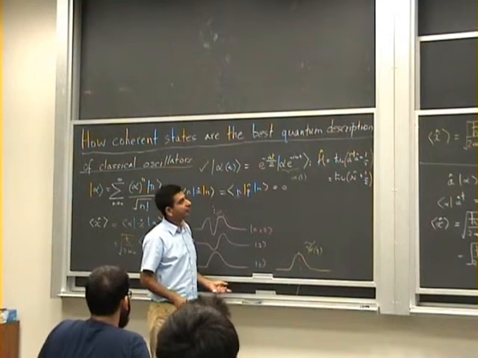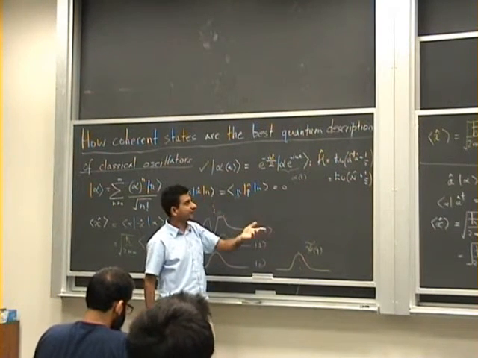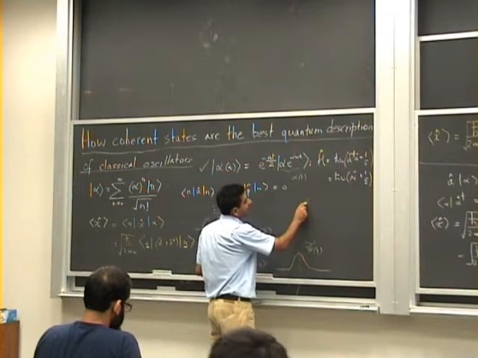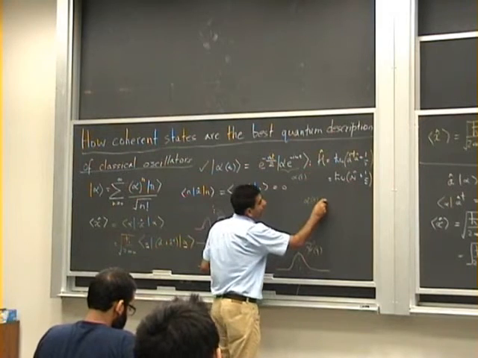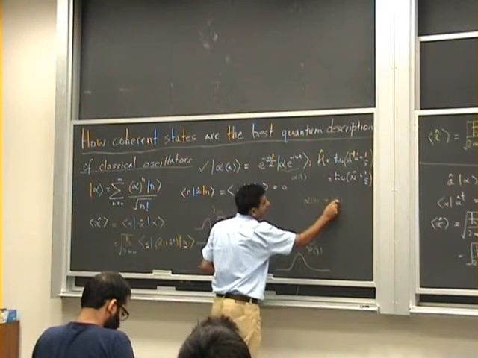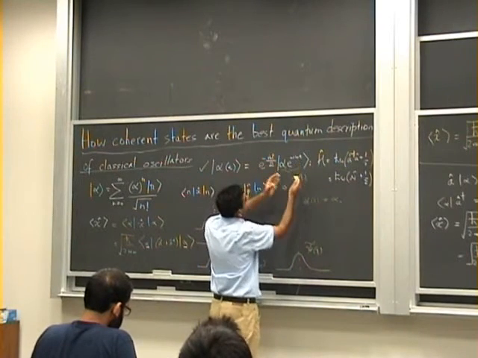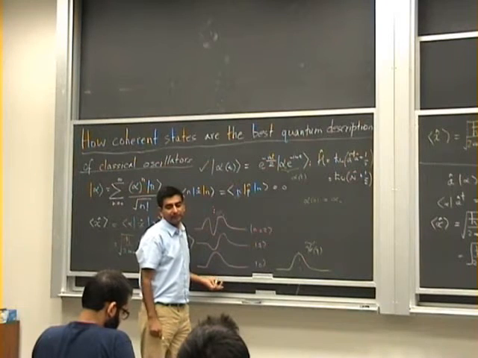So if my harmonic oscillator exists under this Hamiltonian and I prepare a coherent state starting off with a value of α given by α naught, this is how the α changes with time. This is how the complex number changes with time.